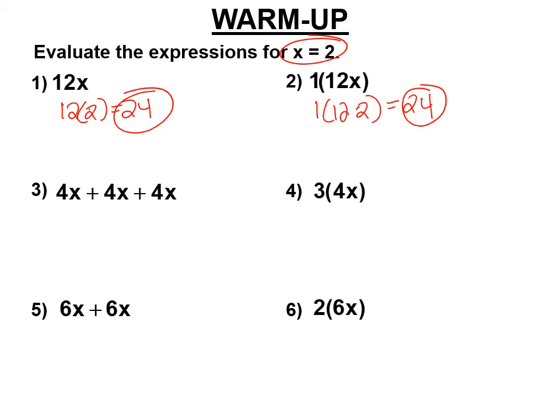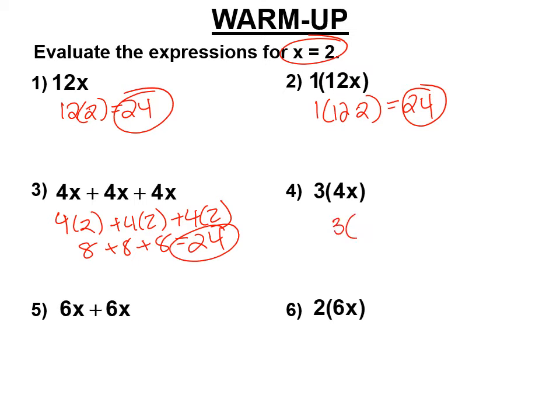All right, let's see number 3: 4 times 2 plus 4 times 2 plus 4 times 2. Well, 4 times 2 is 8, so this is 8 plus 8 plus 8, which equals 24 again. Interesting. This is 3 times 4 times 2. 4 times 2 is 8, and 3 times 8 is 24.